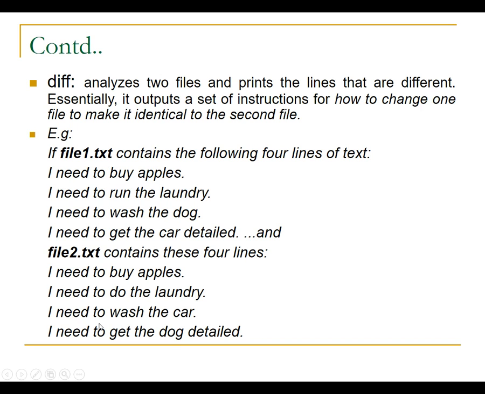An example is given over here, where file number 1 contains 1, 2, 3 and 4 lines as given over here, and file number 2 again contains 4 lines which are similar to the first file. Which are the similar lines? This one, first one, second one and third one.